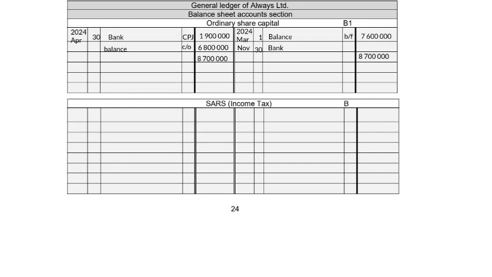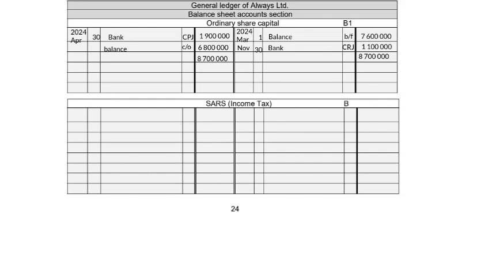We will go to the cash receipts journal, so we are receiving money. And our balancing figure will be 1.1 million. 8.7 million minus 7.6 million gives me 1.1 million.